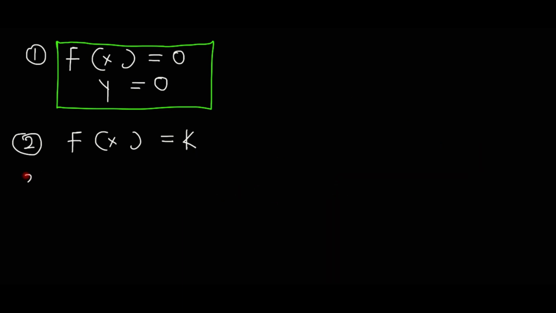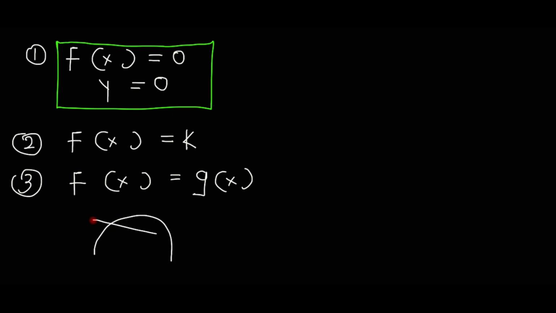And then we have a third case whereby f(x) is equal to g(x). This is the case whereby the graphs intersect, where the graph of f intersects g, and we are focusing at this point.